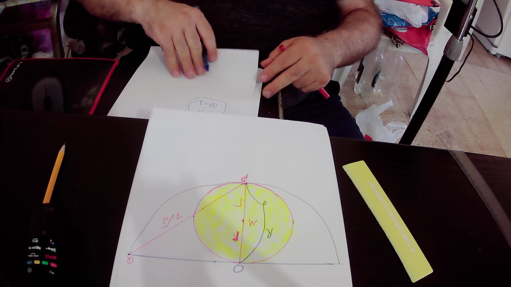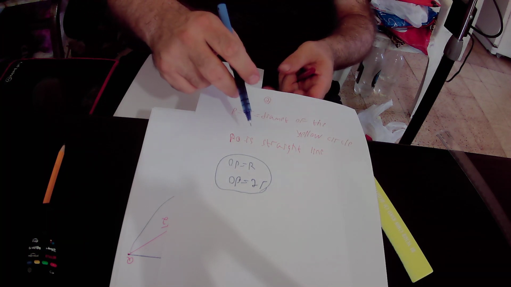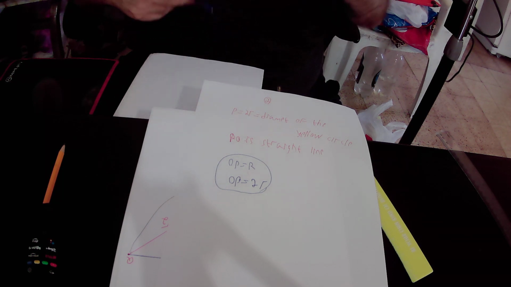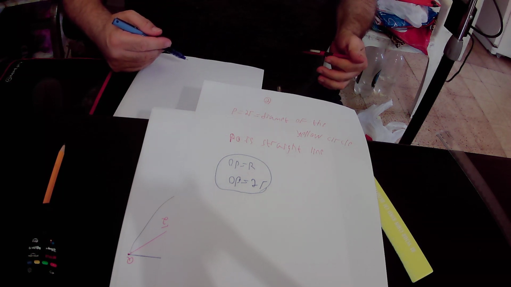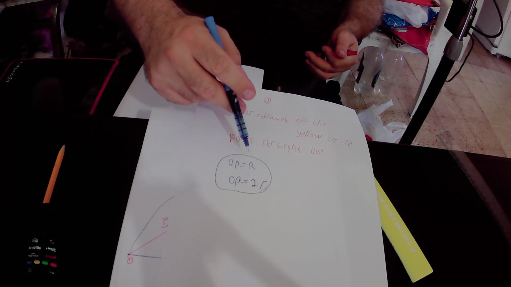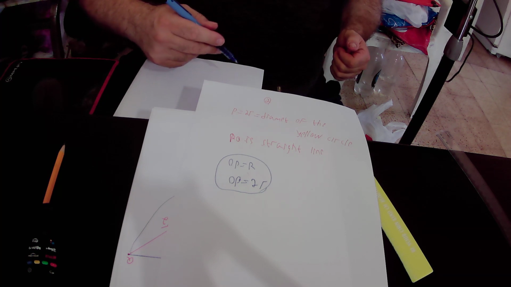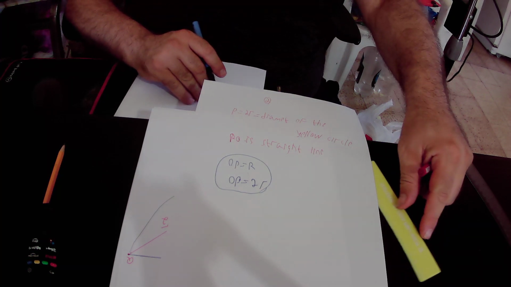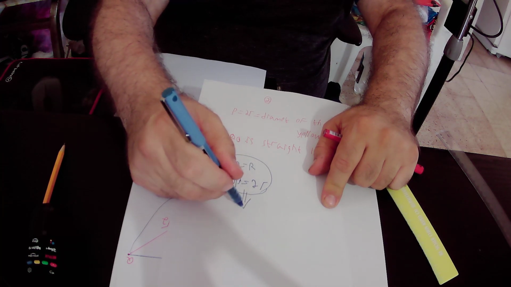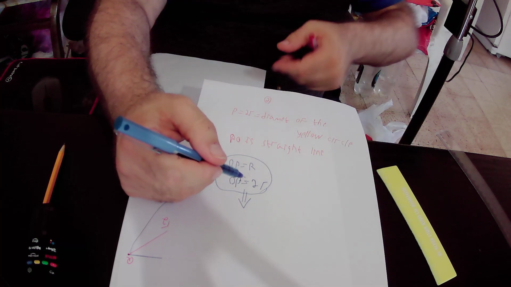From one side, OP equals the radius of the semicircle, and from the other side, OP is also the diameter of the yellow circle, or it equals 2 times the radius of the yellow circle. And from those two equalities we can deduce that capital R equals 2 times small r.